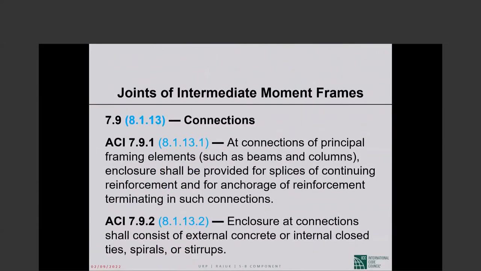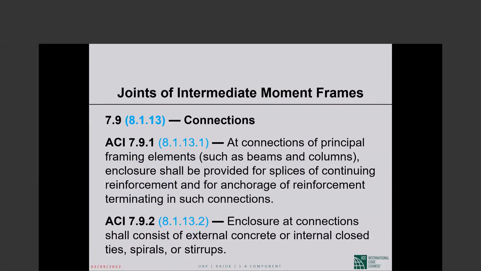The only other thing that is said, this is not necessarily joint, the language is connection: at connections of principal framing members, which would obviously include joints, enclosure shall be provided for splices of continuing reinforcement and for anchorage of reinforcement terminating in such connections.